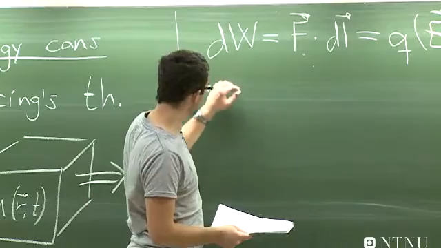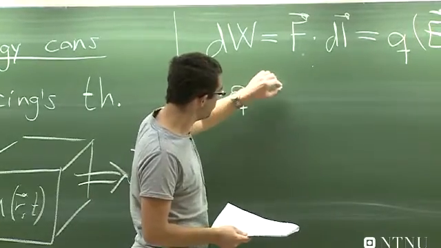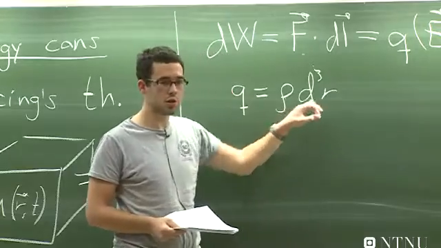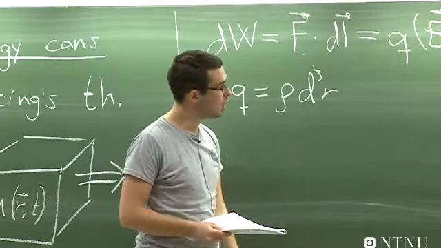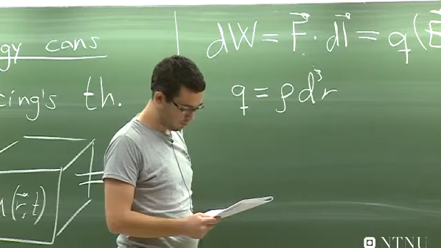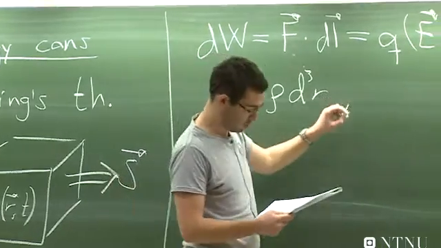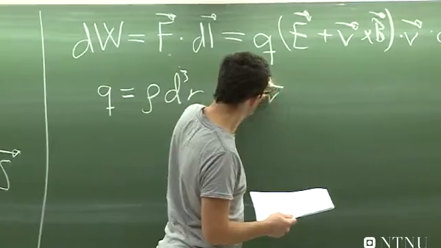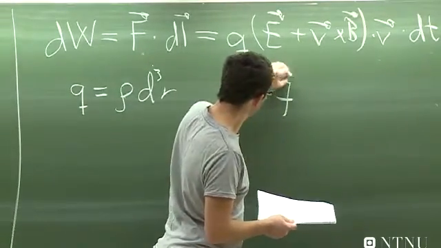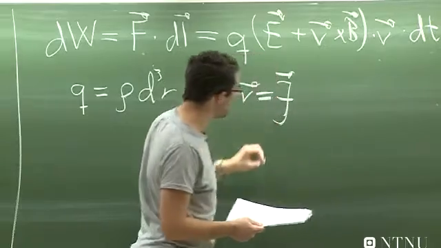Right. And now I'll rephrase this a bit by noticing that if I have a charge distribution rho, I can write q in the following way. It's the local charge density times the small volume element. And I can also write rho times v, that's just a current, like this.